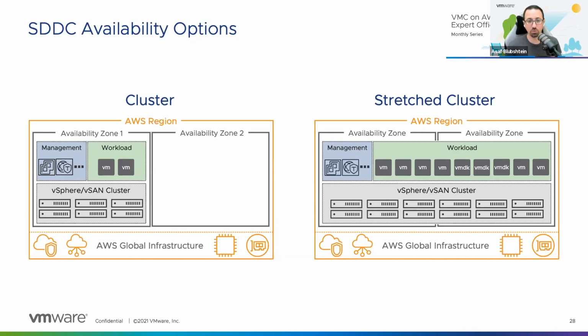So on top of the availability strategies that we have built into the SDDC, or if you choose to also implement a stretch cluster, we have some recoverability strategies that we recommend you perform to make sure that you protect your workloads. If we can go to the next slide.